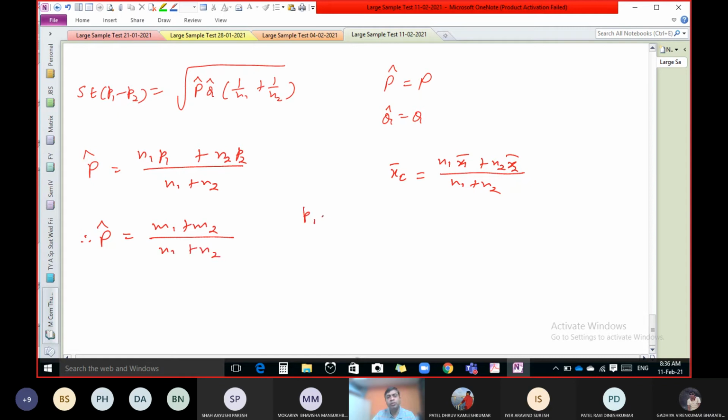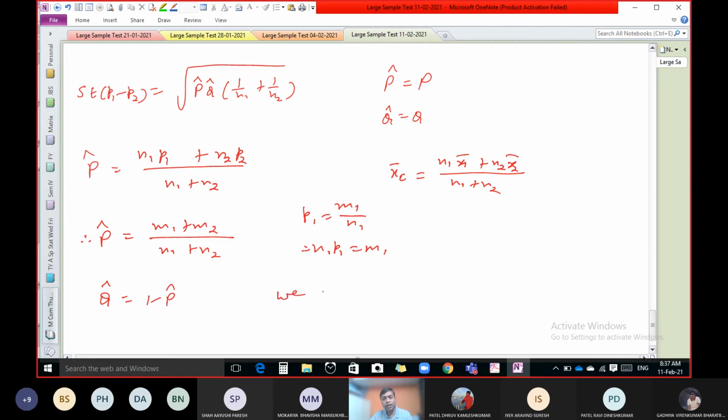Why? See, p1 is m1 upon n1. You can take n1 to this side, so n1 p1 is nothing but m1. So if m1 and m2 are known, use this formula, and q cap is nothing but 1 minus p cap. By using this formula, you can calculate P cap and Q cap. N1 and N2 are given in the question. Calculate the standard error of P1 minus P2 and substitute that value.